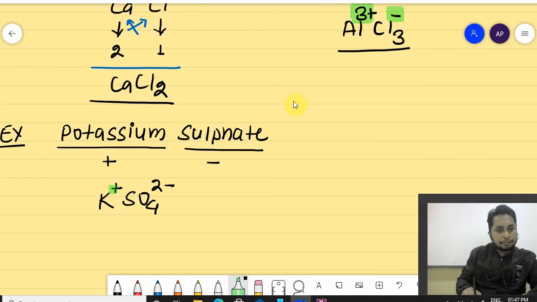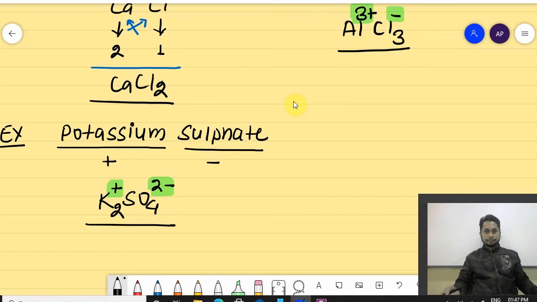Now we cross multiply the charges: single plus means 1 multiplies sulfate and 2 multiplies potassium. So the formula will be K2SO4, like here we are multiplying 2 with potassium.